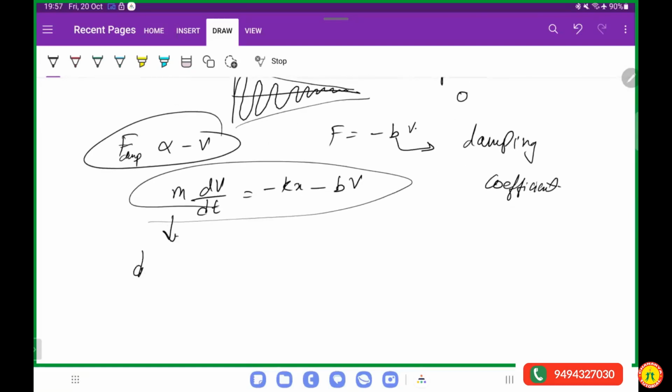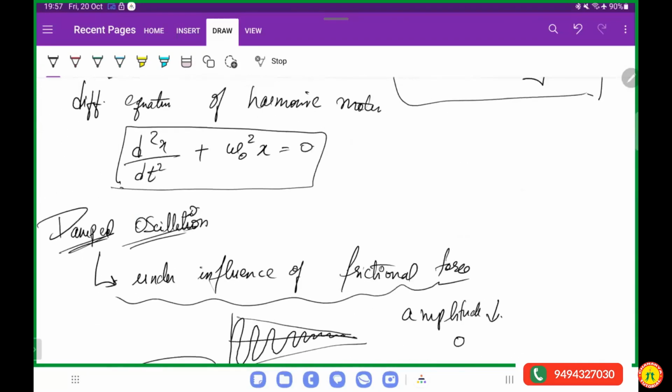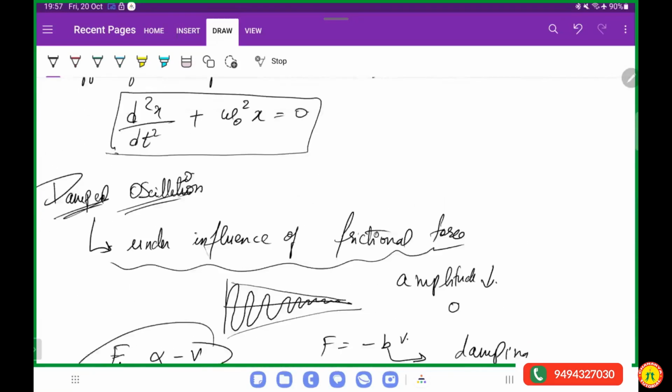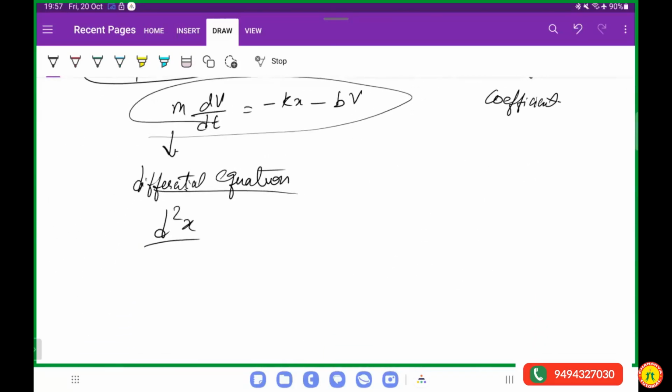And if we write it in differential form, we get d²x/dt² plus 2c dx/dt plus omega naught squared x equals 0.